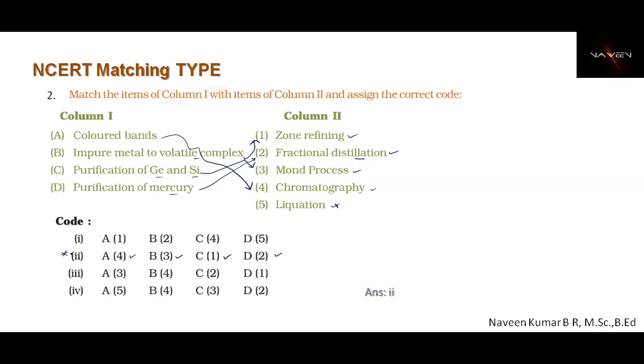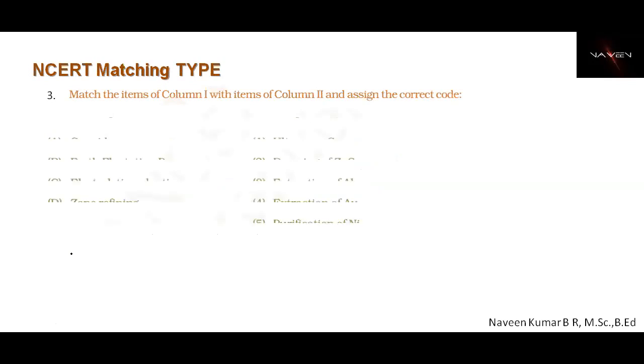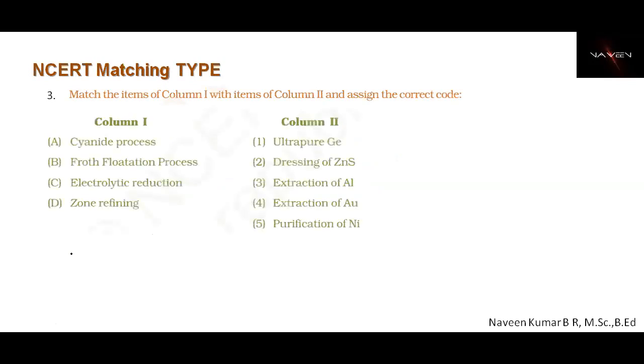Now we'll move on to the third matching type question. Again, related to extraction, they have given the methods of concentration and two important refining processes, that is purification of metals.